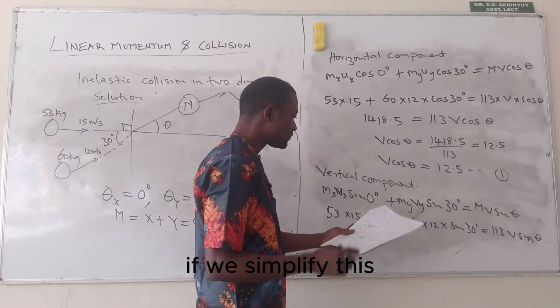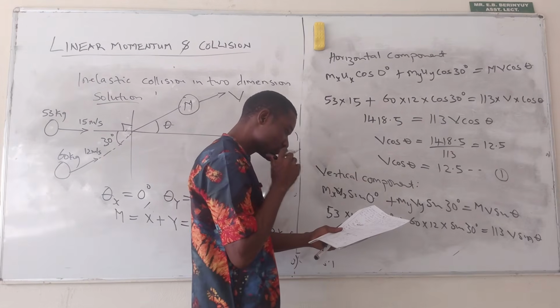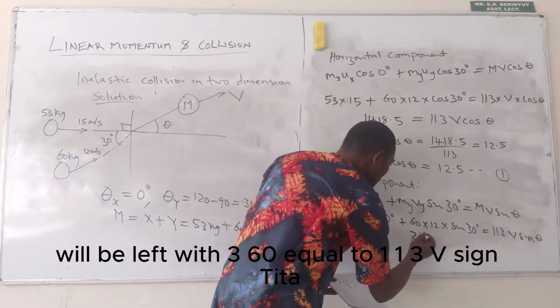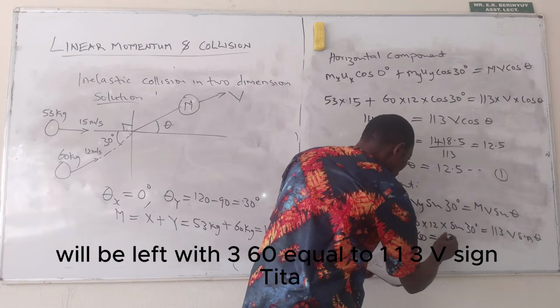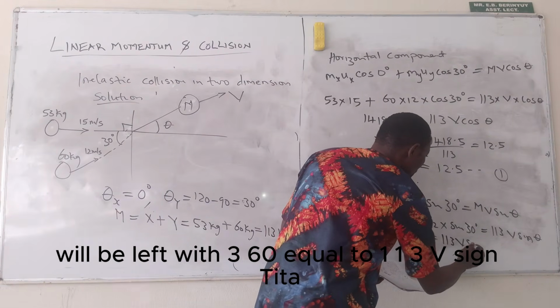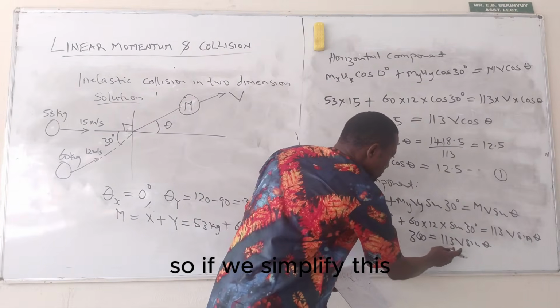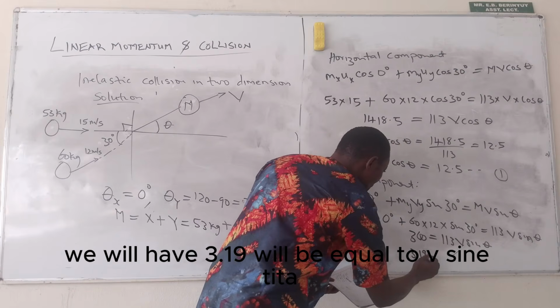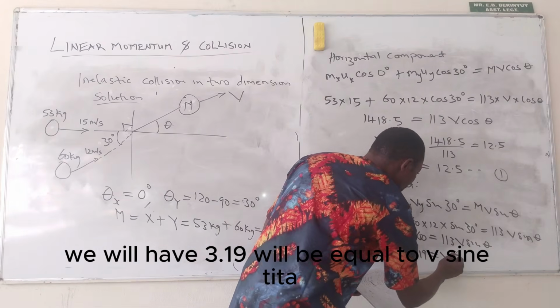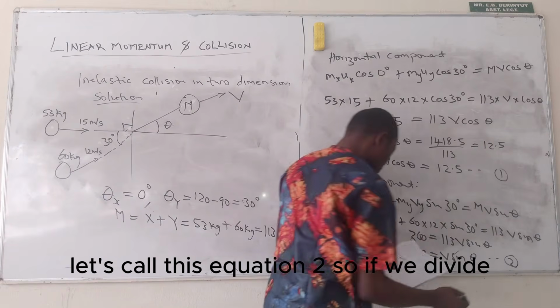If we simplify this, sine 0 is 0, so this one will go. We'll be left with 360 equal to 113 v sine theta. If we simplify this, we will have 3.19 equal to v sine theta. Let's call this equation 2.